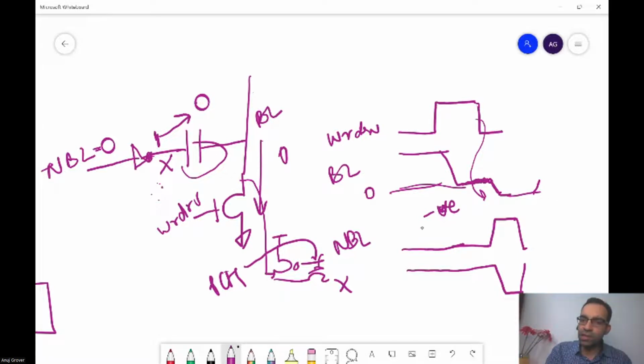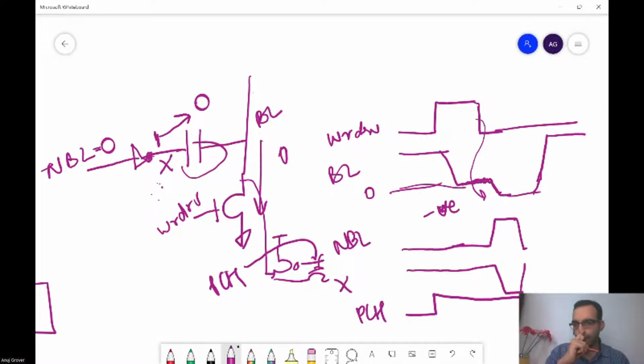Pre-charge on means pre-charge had gone to 1, it would go off now, so it will go low now. That means the bit line will get pre-charged to VDD. Now you are ready for accepting the next cycle.